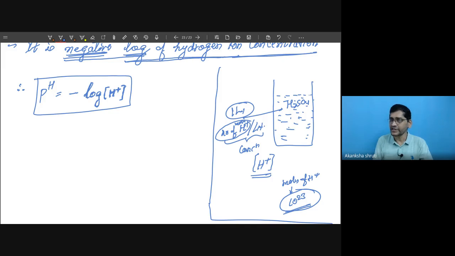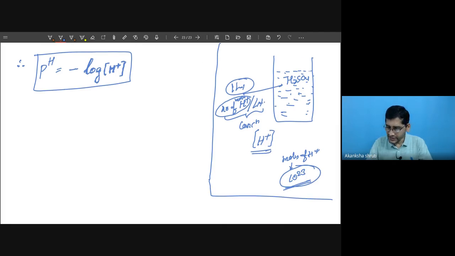So what is the concentration? Their log. Now students, from here what we are observing: if H plus ions are more, then the concentration of H plus will be more. But what is the property of log? Minus simply means, like in mathematics, if we have a to the power minus m, this can be written as 1 by a to the power m.